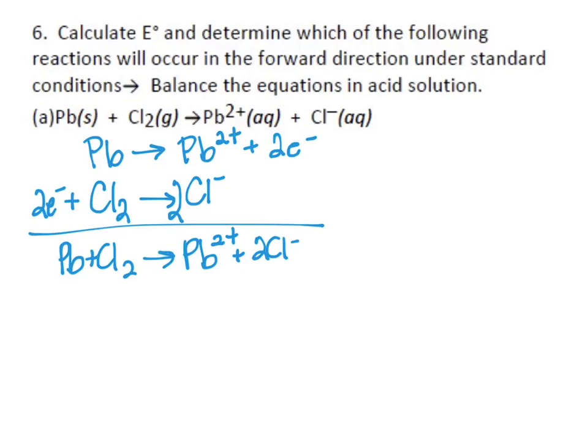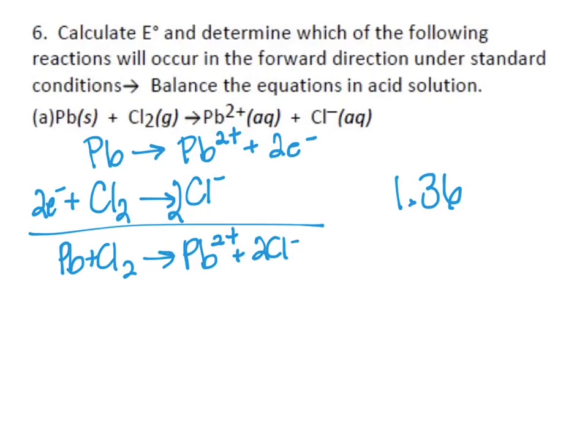All right, so go to your standard reduction table. Find chlorine as it has been written. I have 1.36. And lead is the one that's flipped.